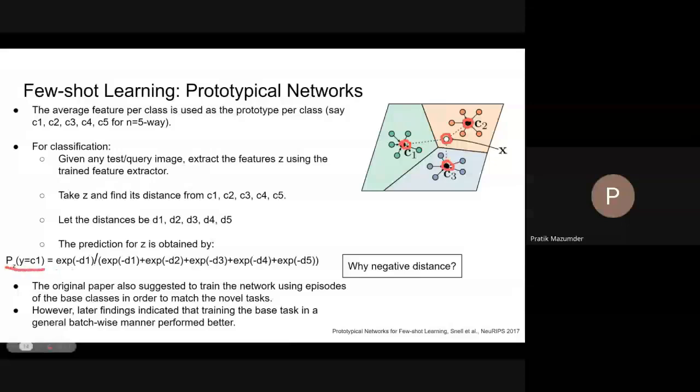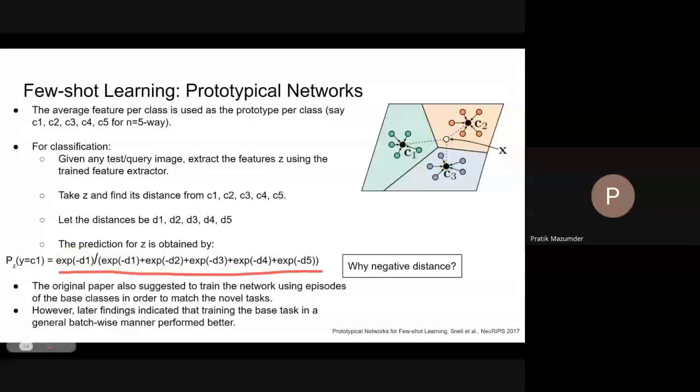So what you end up doing is that if you take an exponent of the negative distance, this value will end up being higher overall as compared to the other values. I may not be able to clearly explain it, but if you take a set of distances and place it in this equation, you can try it on your own as well.